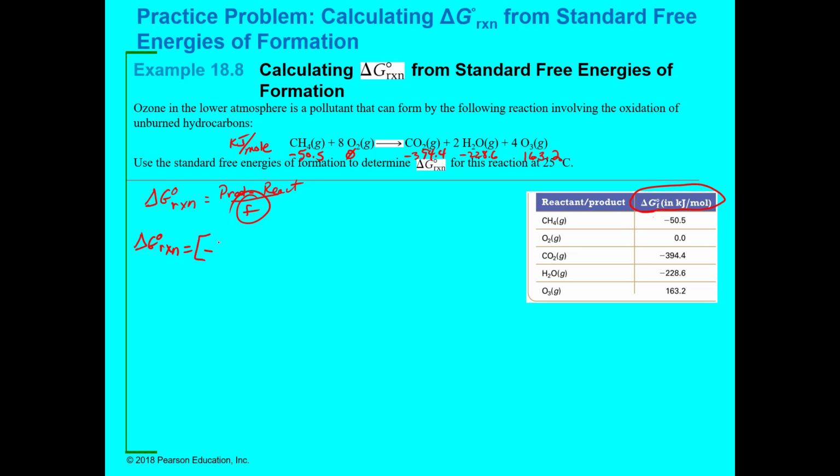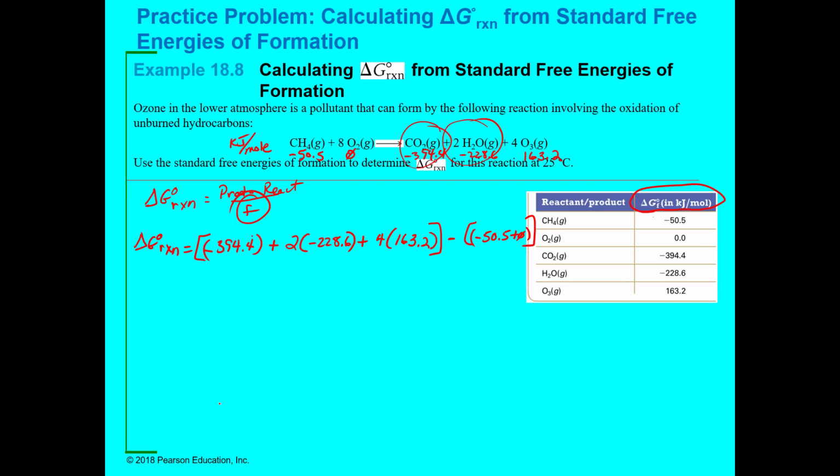All right, so I got a negative 394.4 plus 2 times negative 228.6 plus 4 times my ozone value, which is a positive 163.2, and that's going to be minus negative 50.5 plus 0.